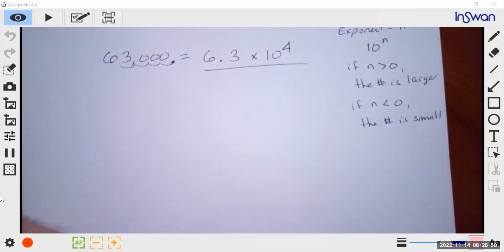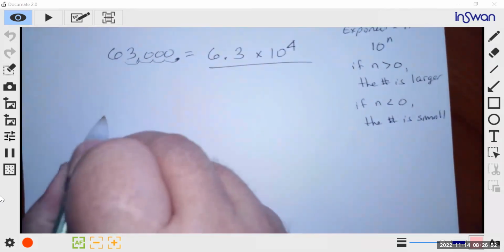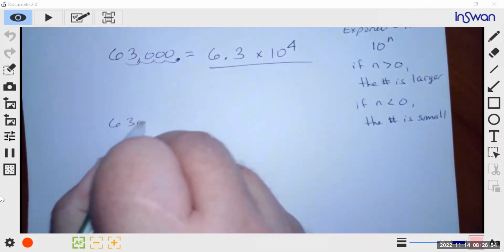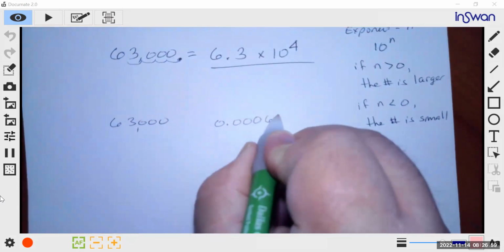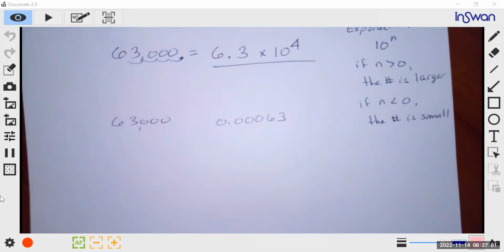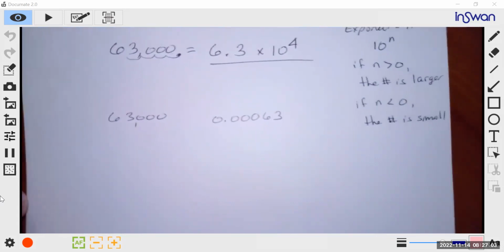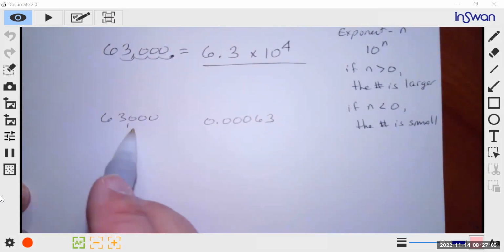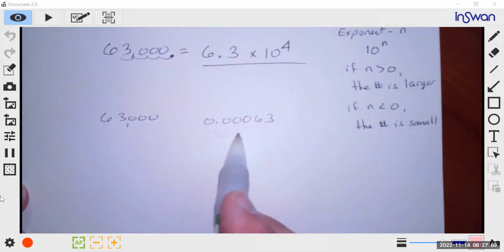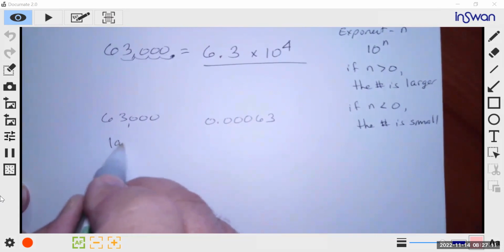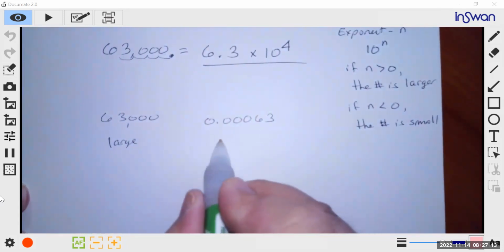What do I mean by large and small? Is 63,000 large or small compared to this number? Yeah, this one's large. This one is small.